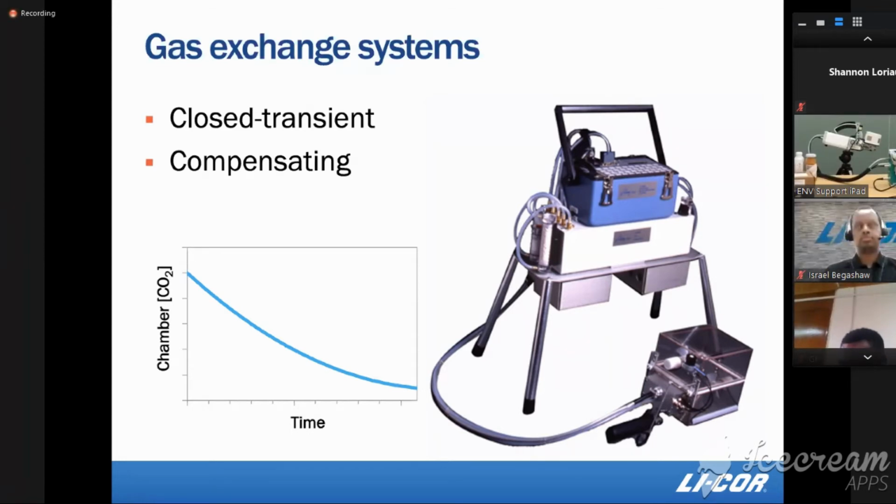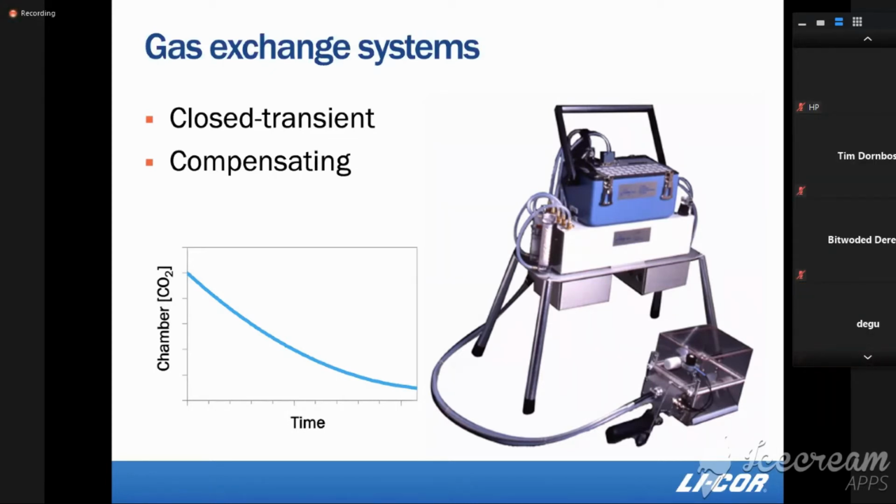All of these things might be happening. Some systems are closed, but periodically we give it a little bit more CO2 to make sure that a little bit of CO2 is taken up by the leaf, but then we give a little bit back.